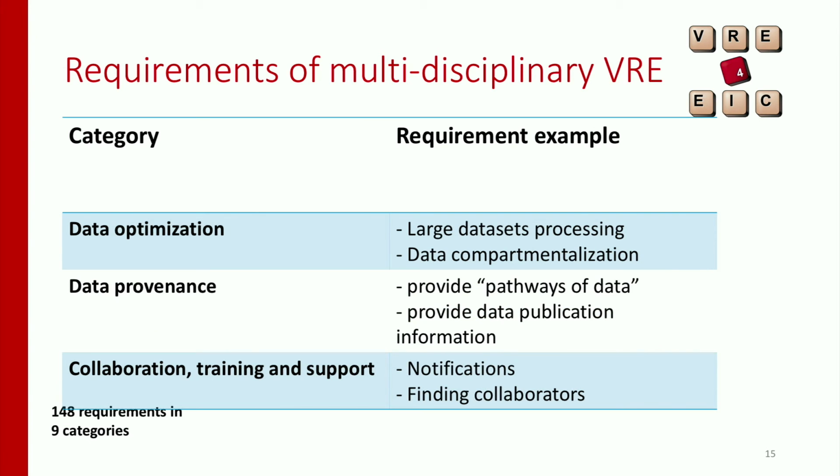Data optimization requirements define the needs of providing computational transformation and processing toward desired effects from the viewpoint of data object creator or users. Data provenance requirements define the needs of making notes on the transformation and the computational process on data objects. Collaboration and training support requirements define the needs of providing research collaboration tools and manuals for using VRE system.